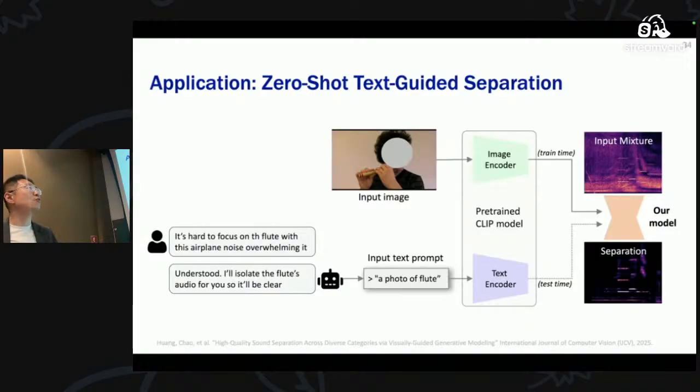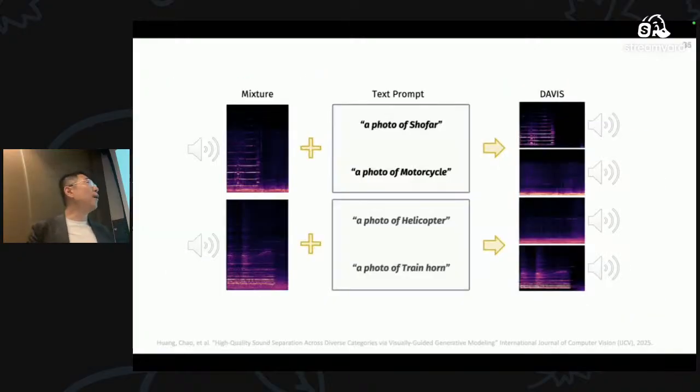In training we use those images, but at test time we can use these text prompts and the corresponding CLIP embedding from the text encoder, insert them as a conditional input to our sound separation, and that also worked. So you can do sound separation with just a text input.